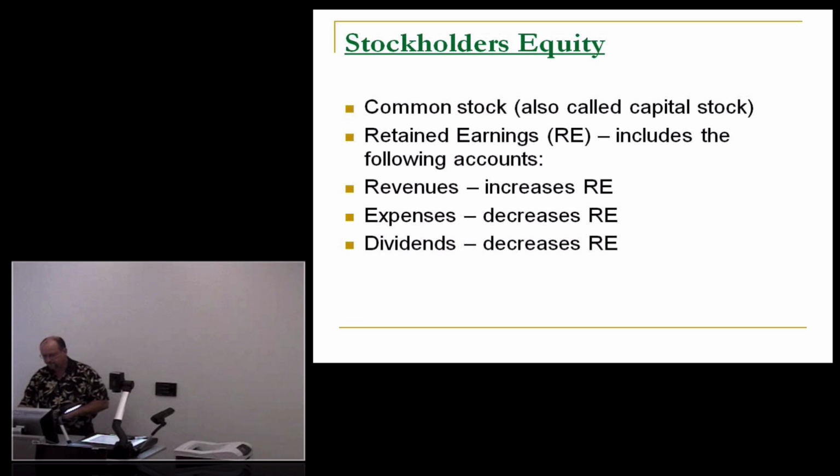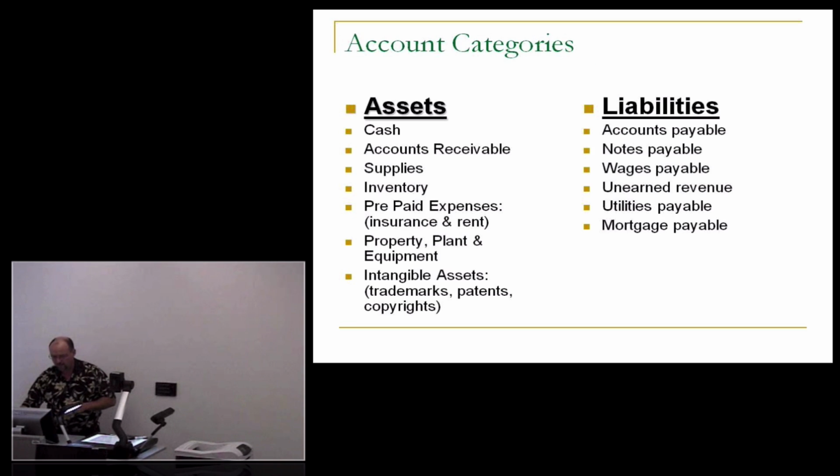Okay, so we've identified the various different components. Back to the previous slide, we have assets, and we have all these different assets, which I'd like you to commit to memory. We have all these different liabilities, okay, and then we have stockholders' equity.